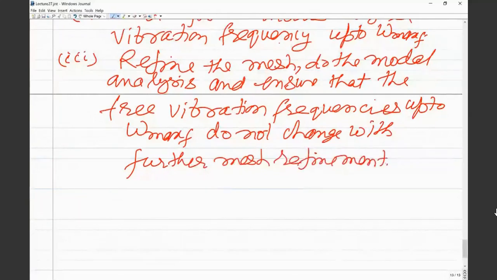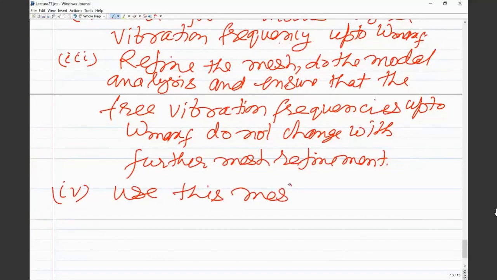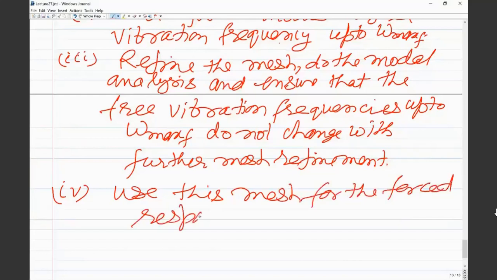And use this mesh for the force response analysis. So this is how you do the choice of the mesh.